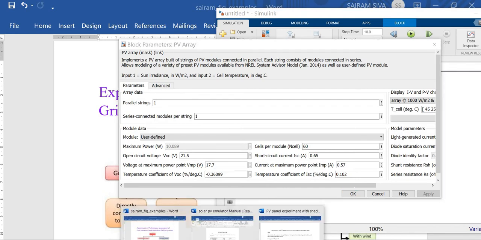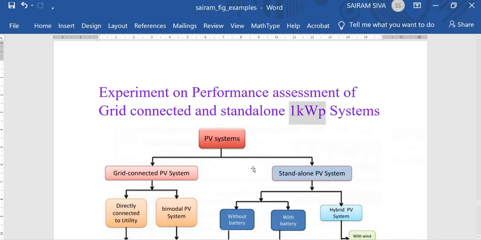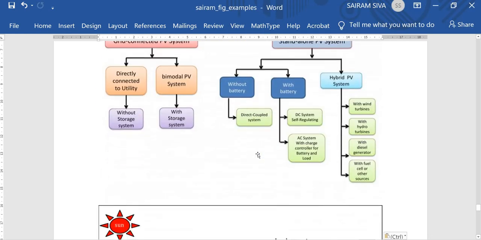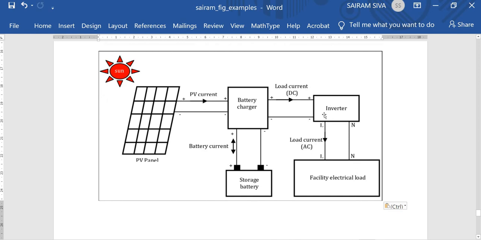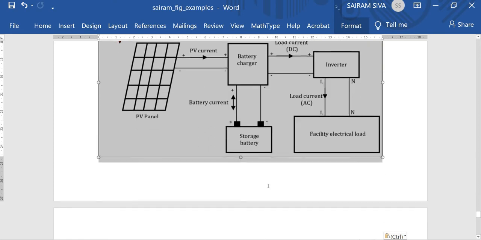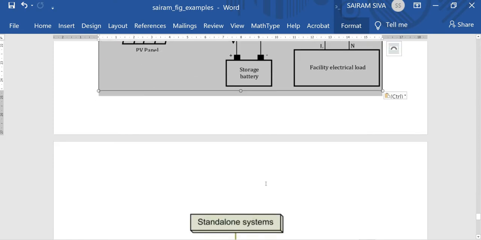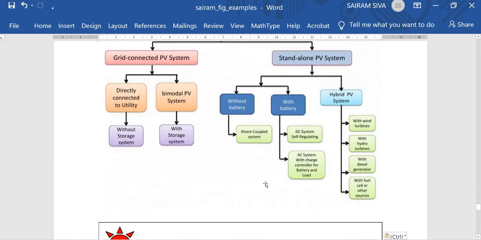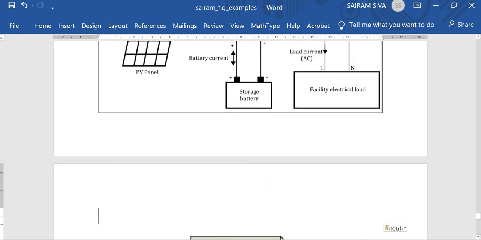In our country, the inverter output for all electrical apparatus is a 230 volt RMS system. That is the main point we are going to consider.